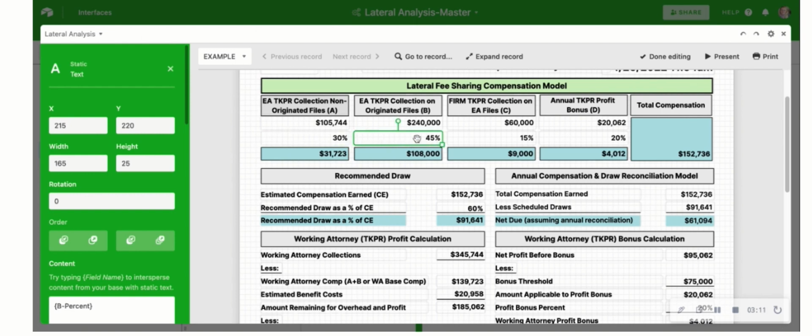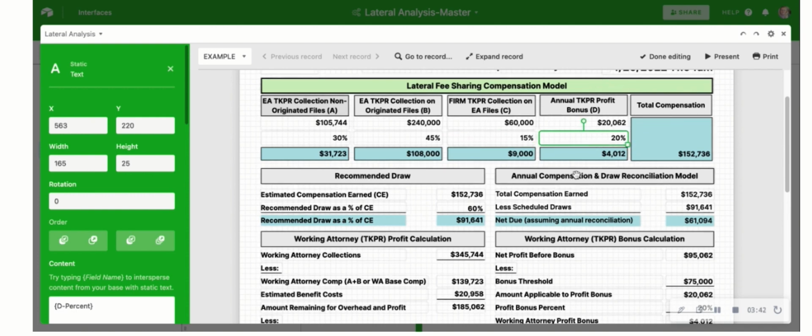This one is what they would get off of work that they both originated and worked. So here it's 45%. The 15% refers to anything that the firm works that the attorney originated but didn't work on. So if the attorney gave some of his originated work to another associate or paralegal, that's this category.